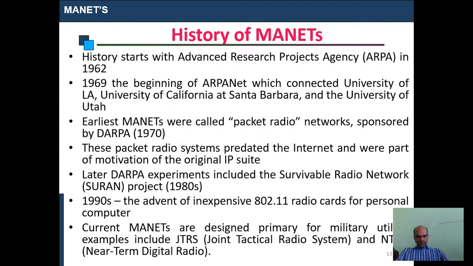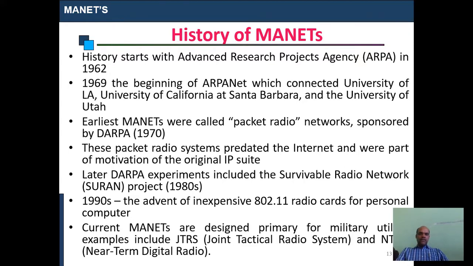When we go through the history of mobile ad hoc networks, it starts with ARPA, the Advanced Research Projects Agency, in the year 1962, which was initially connected with various universities like the University of LA, University of California, Santa Barbara, and the University of Utah.